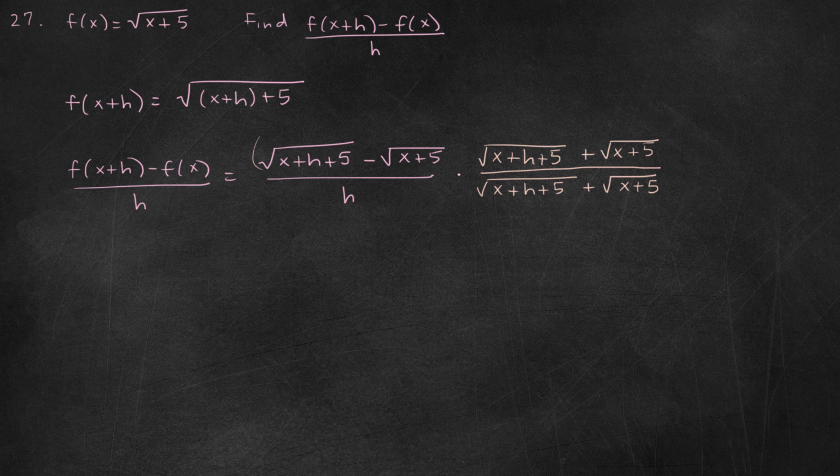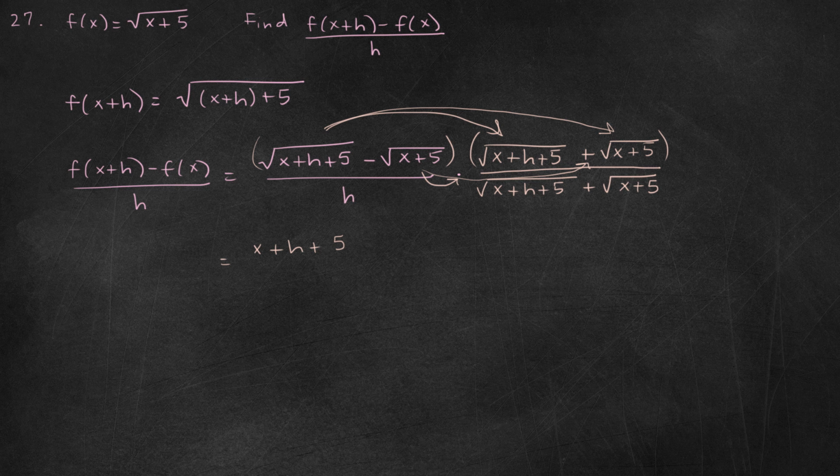Okay, so here I am going to have to distribute, and we can kind of organize our work doing FOILs. So first times first, then the outside product, the inside product, and then the last times last. Square root of x plus h plus 5 times itself is just x plus h plus 5.